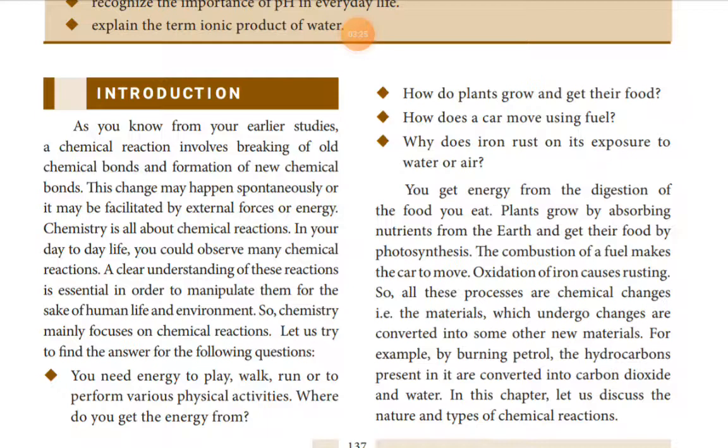This change may happen spontaneously or it may be facilitated by external forces of energy. Some reactions take place spontaneously, for example the rusting of iron. When an iron piece is on the ground, it automatically absorbs moisture and comes in contact with oxygen and carbon dioxide, and the process of rusting takes place spontaneously.